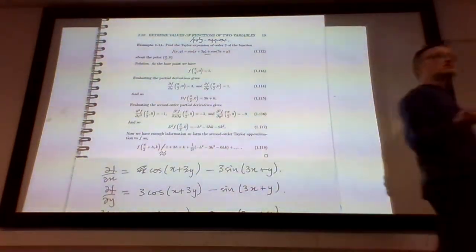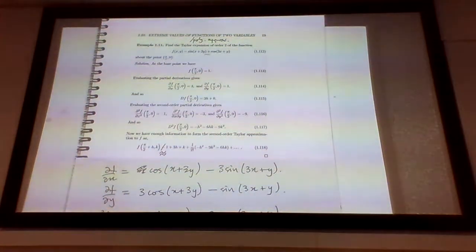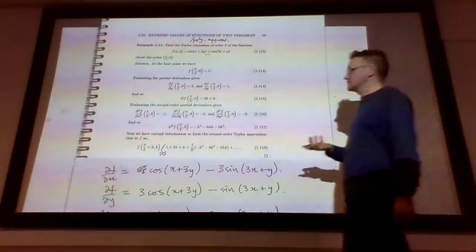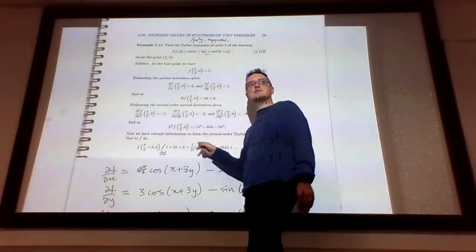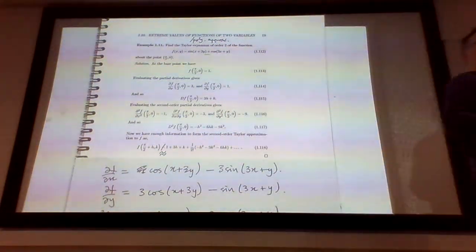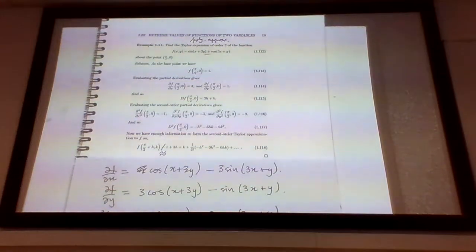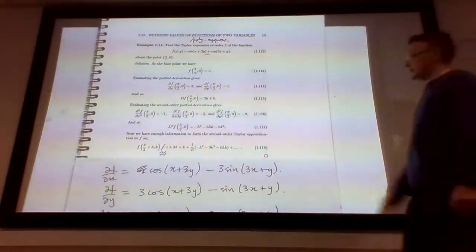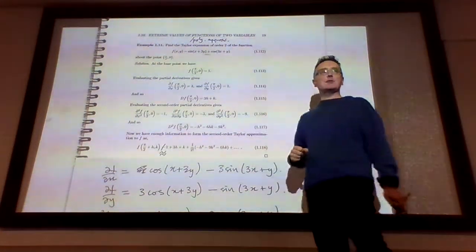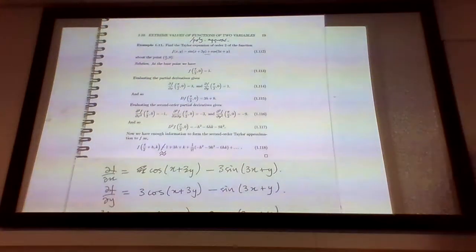And to work out the value of a polynomial, all you need to be able to do is to add and multiply. Yeah, because polynomial terms are just various powers of the inputs combined together. So you only need the fundamental operations of multiplication and addition to evaluate a polynomial, but that will enable you to approximately evaluate any function in principle. Because functions can be represented by these good approximations.